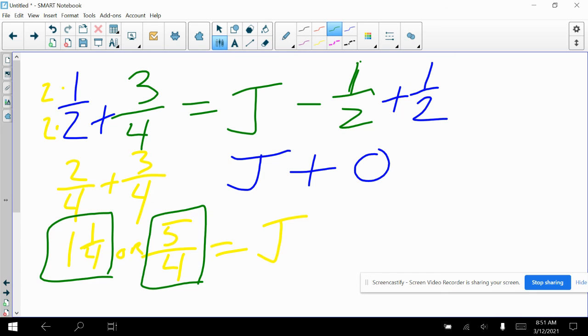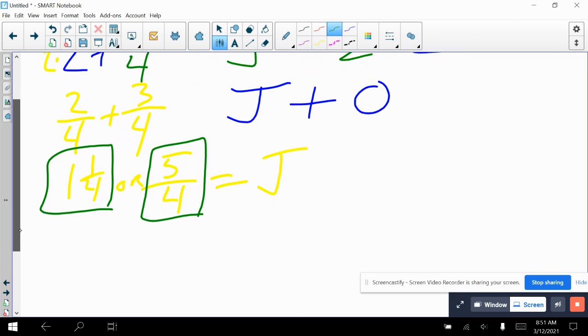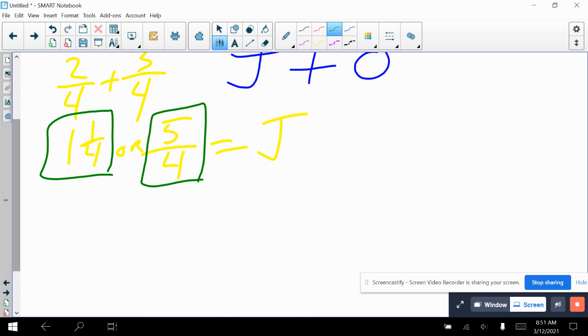I wish I could give you a better reason than that, but I don't. I'm going to guess on the AIR test, they're not going to have it as 5 fourths, because improper fractions don't exist out in the real world. But in order to check it here, it's easier, in my opinion.